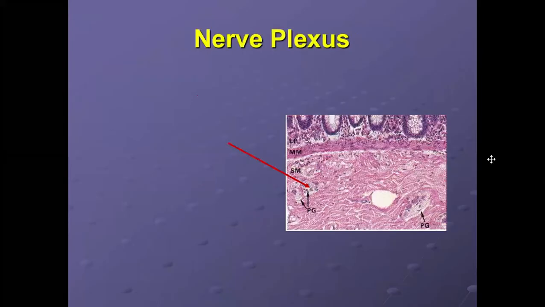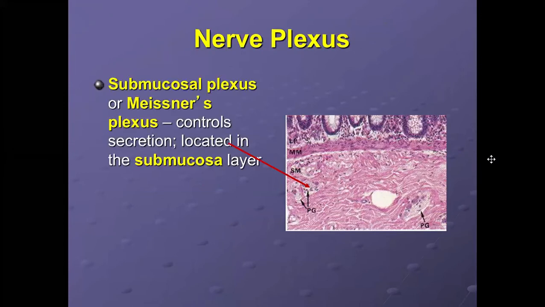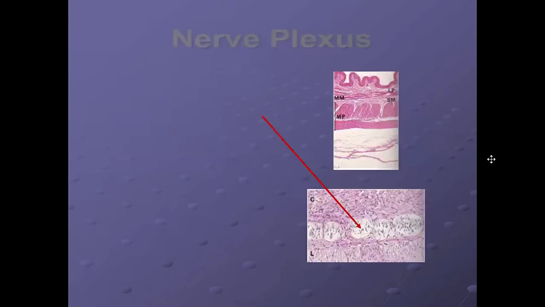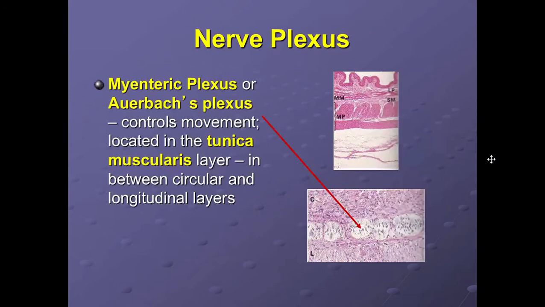Nerve plexus, again, you have your Meissner plexus, which controls secretion, located in the submucosal layer. Nerve plexus, the myenteric plexus or Auerbach's plexus, located in the tunica muscularis between the circular and longitudinal layers.